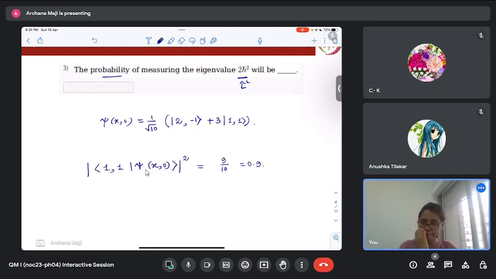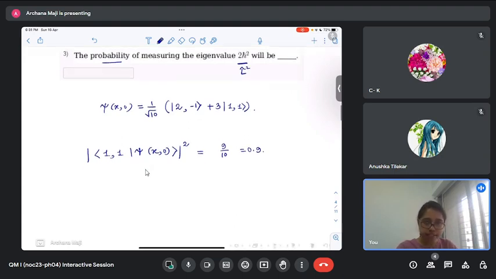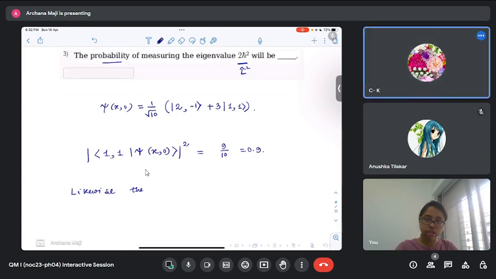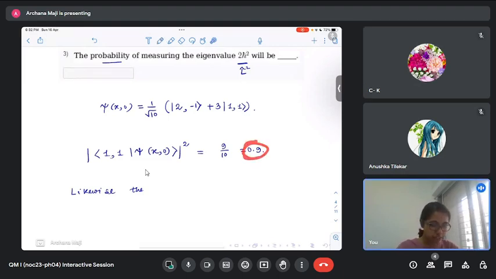Likewise, the probability of measuring eigenvalue 6h cross square would be 1 by 10. From this probability also you can say that the other probability has to be 0.1, because the total probability should be 1.